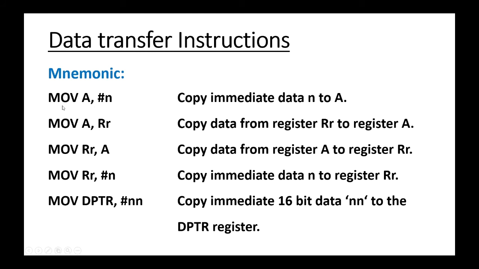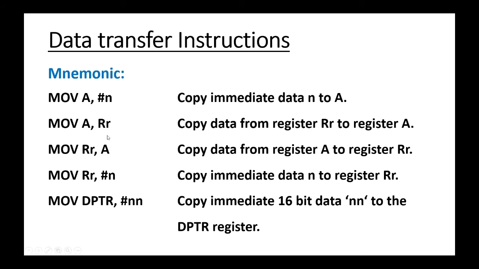MOV A, #n. n is the immediate data, so this immediate data is loaded into the accumulator. MOV A, R, which copies data from the specified register into the accumulator. MOV R, A is basically performing the reverse operation of the second instruction.